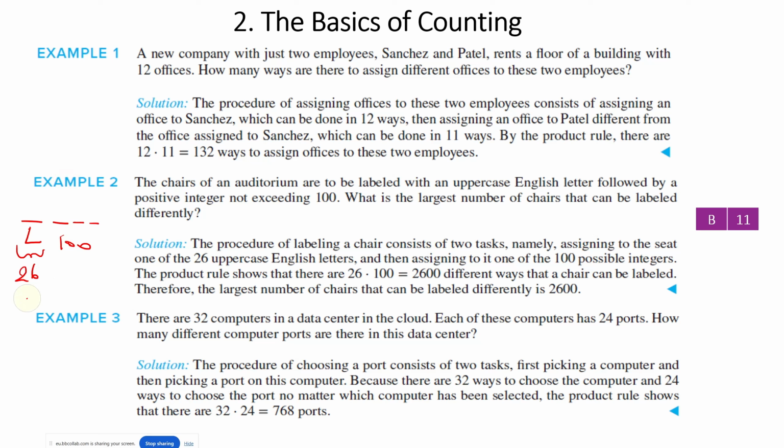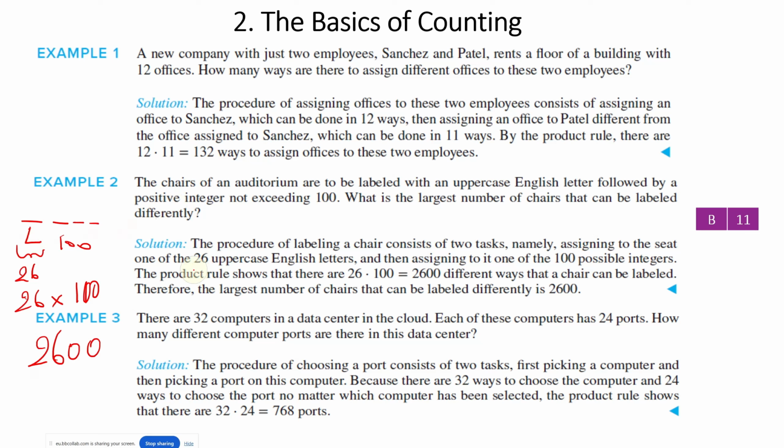Which means I have 26 times 100 different ways to get labels. That means the biggest number of chairs I can label using this system is 2600.